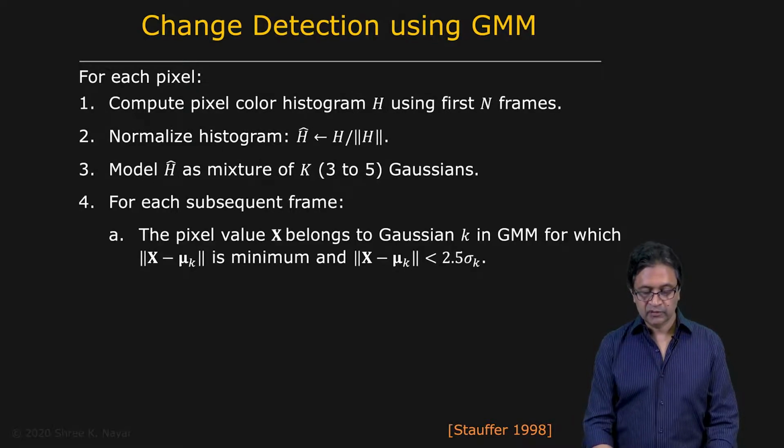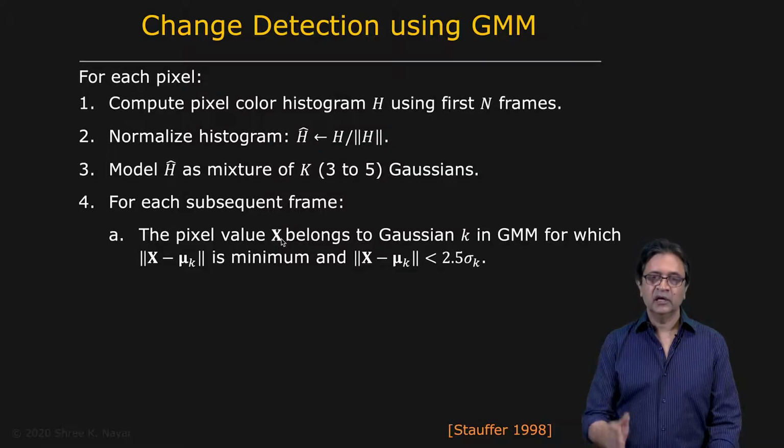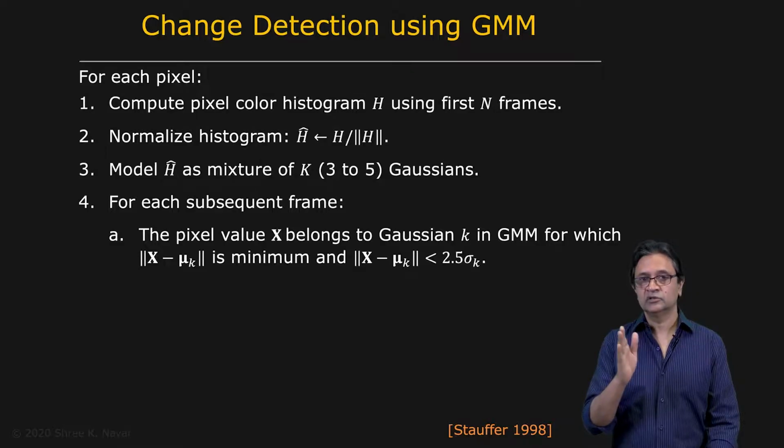So what do we do? For each subsequent frame, we take the pixel value X at a given pixel, for the same pixel, and we find which Gaussian in our model it is closest to in terms of proximity. That is, which mean value, mu k, is closest to X. And we'll say, well, that is the Gaussian that this pixel value belongs to, provided it's close enough to it.